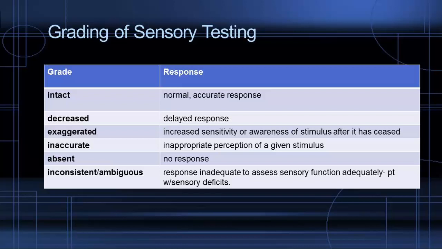Absent is no response. They can't feel it at all. You say, am I touching you now? And they say no, even though maybe you are. Inconsistent or ambiguous: sometimes you'll test people in one area and they can't feel anything, and you go back there and they can feel it. You report that their sensory testing was inconsistent. You're not really getting any good data out of that, but you still report it that way.